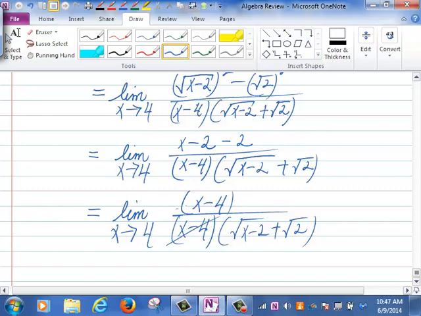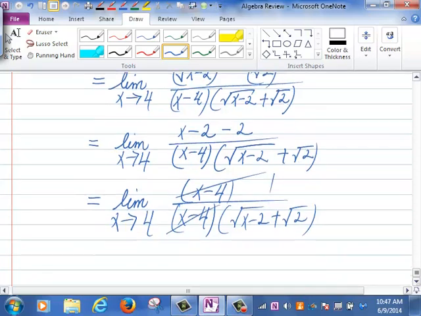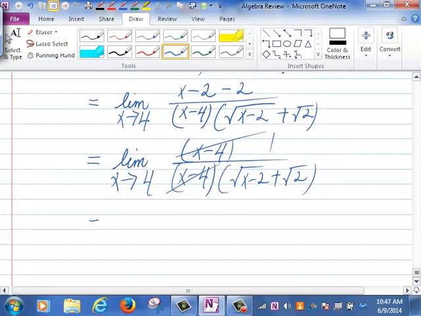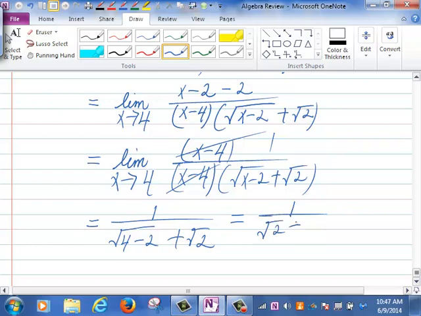Notice that I can cancel out the x minus 4's, and now if I plug in 4, what do I get? 1 over 4 minus 2 under the root, right? Plus root 2. What is that? 1 over root 2 plus root 2, which is 1 over 2 root 2. So that's the derivative of the function at 4.